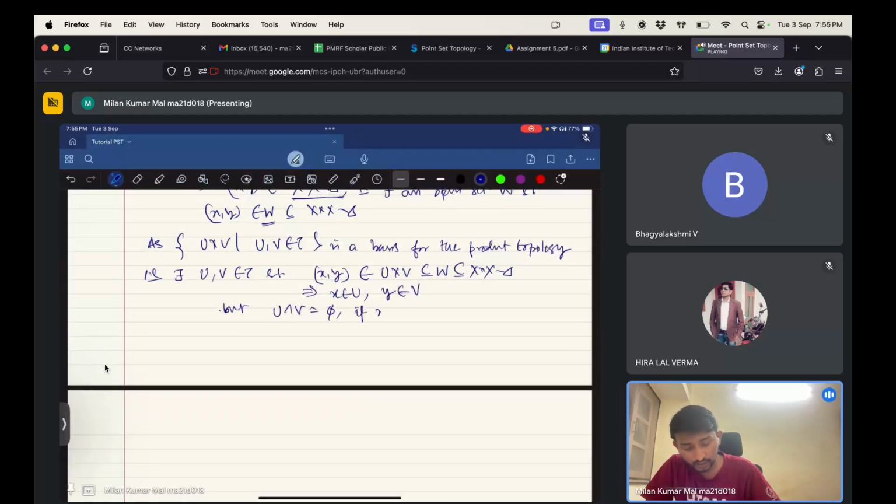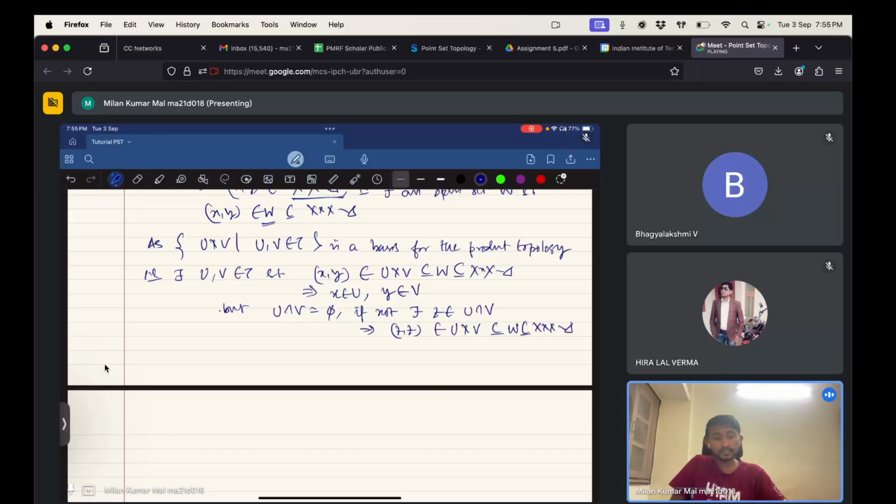Suppose U intersection V is not empty, and there exists some point z belonging to U intersection V. Then (z, z) is sitting inside U cross V, which is sitting inside W, which is sitting inside X cross X minus delta. But that is not true, right? Because this particular set X cross X minus delta does not have any point like (x, x).